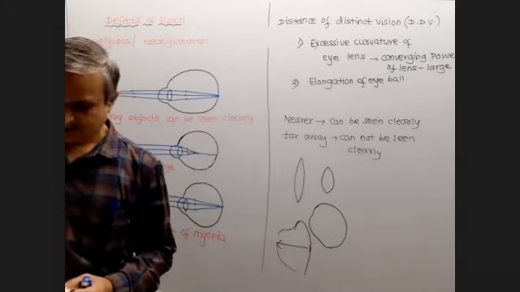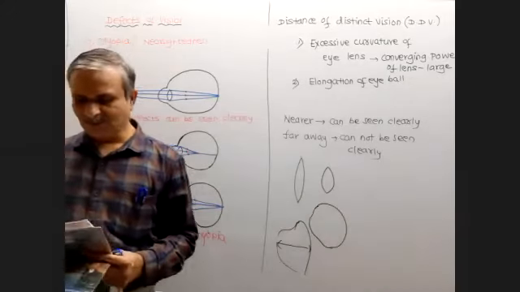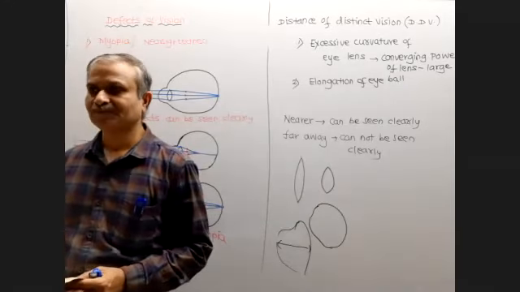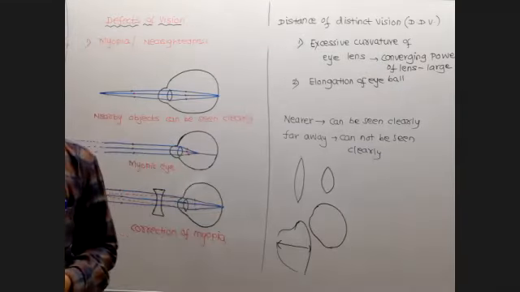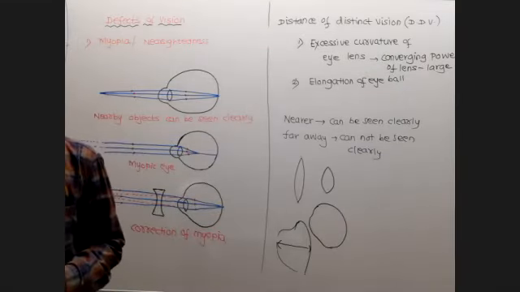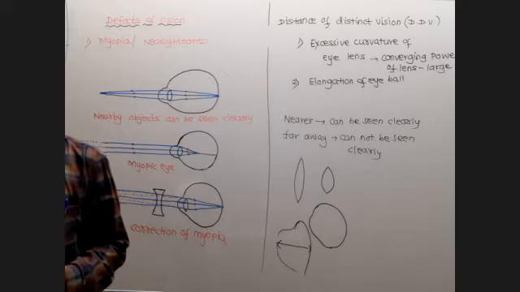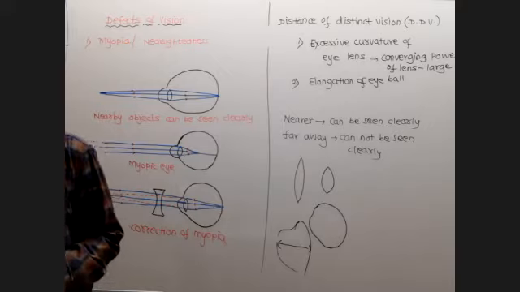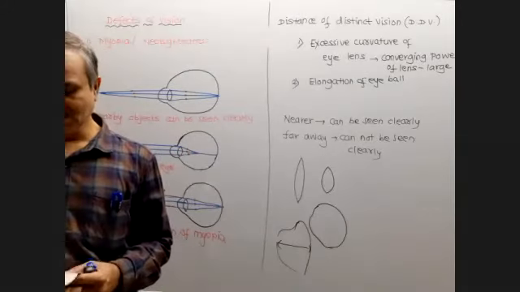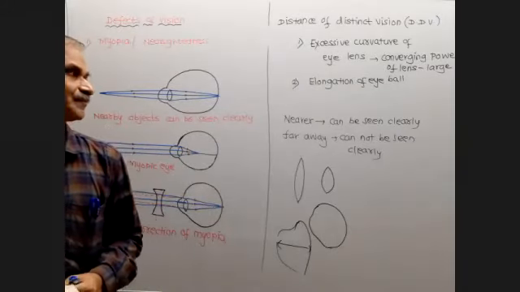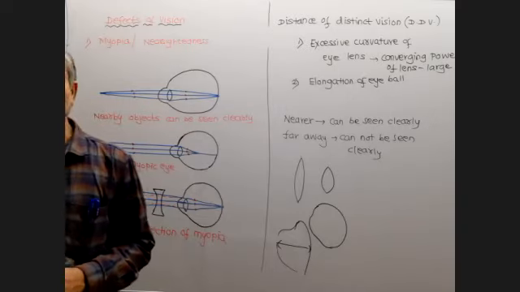Fourth, the image of the distant object forms in front of the retina.